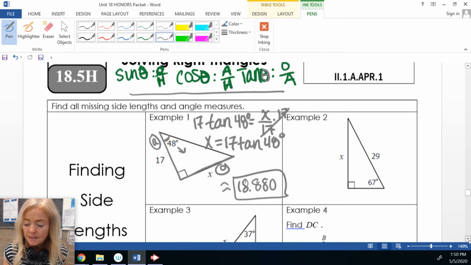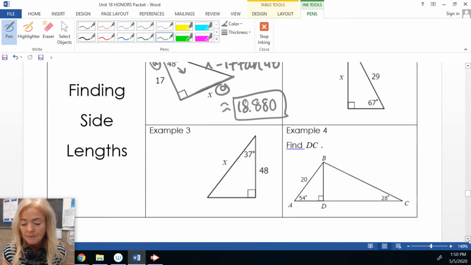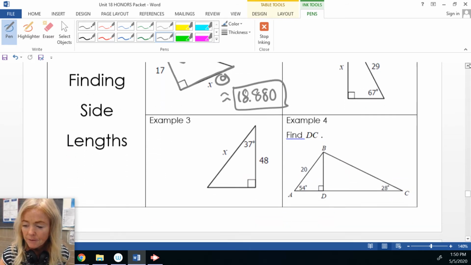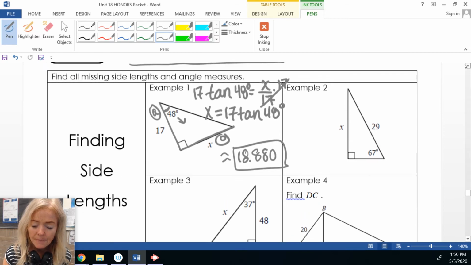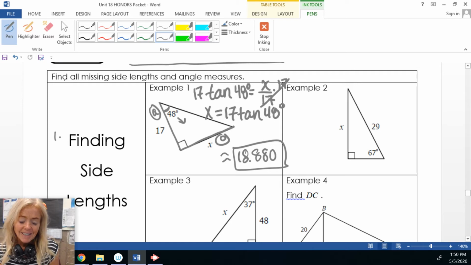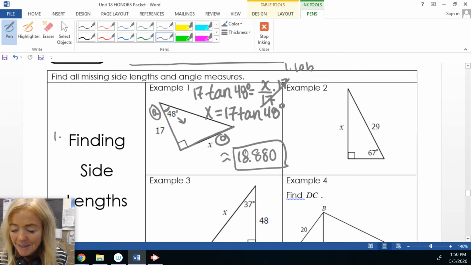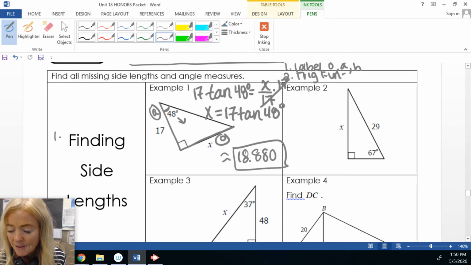So finding side lengths, I'm going to write out the steps real quick, what we just did. At the top, probably. Okay, so the first thing we do is label, OAH, and then figure out which trig function to use, like sine, cosine, or tangent.